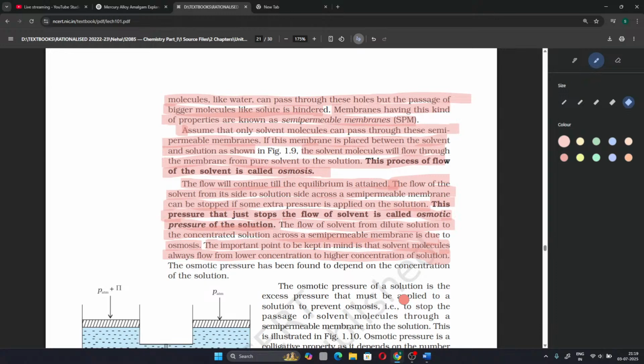But in terms of the solution, it flows from lower concentration to the higher concentration of the solution. The osmotic pressure has been found to depend on the concentration of the solution.